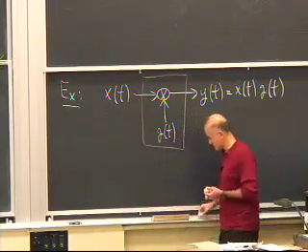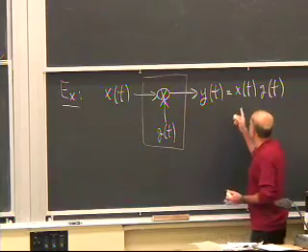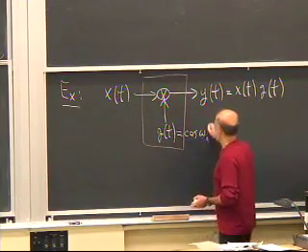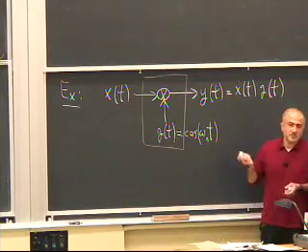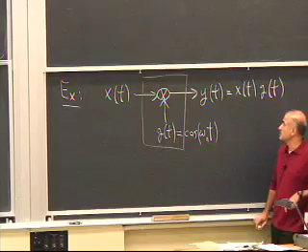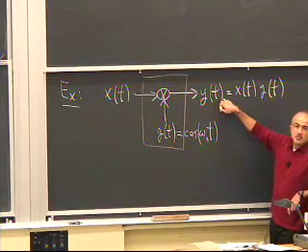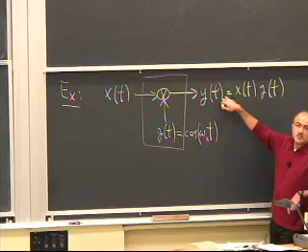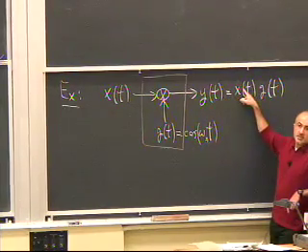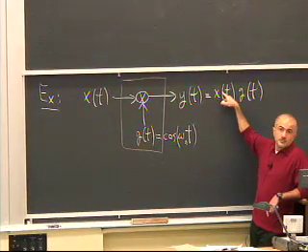This is our system. And you can think of g as, for example, being a cosine at some frequency. It doesn't have to be a cosine, but that's something we've seen before and are comfortable with. Any book on signals and systems that you look at will call this a memoryless system because this system depends on x at t and at no other value of x for other times.